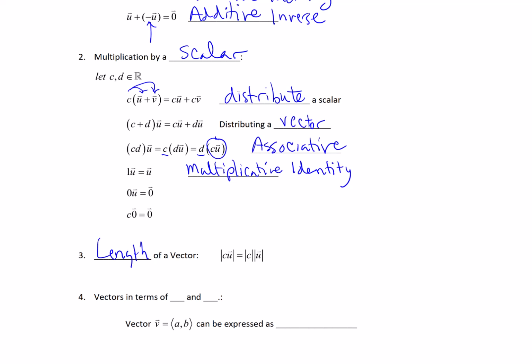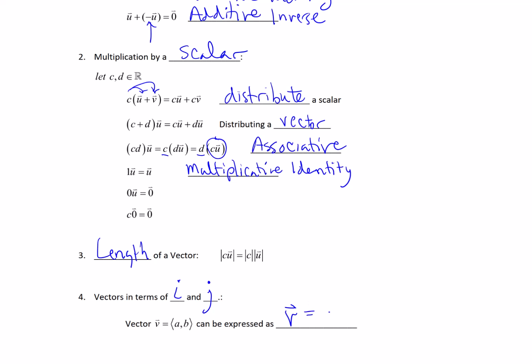And fourthly, we'll discuss vectors in terms of i and j. Now, this is just a common notation we want to refer to here. It's a lowercase i and a lowercase j, typically, that you'll see for those. And the way you can use this notation is this. If you have vector v in component form being a, b, so horizontal component a, vertical component b, then you can express that vector in this ij form as follows.